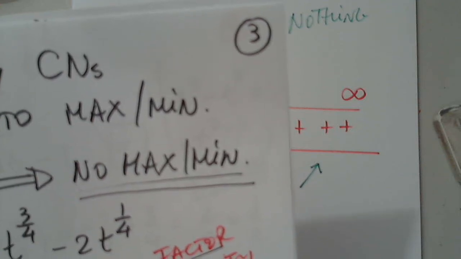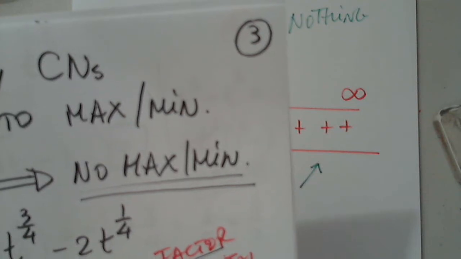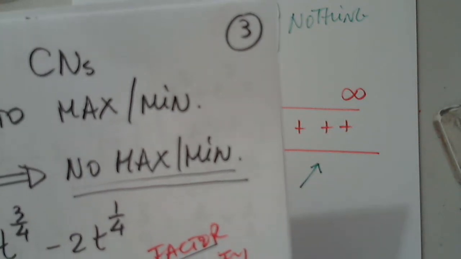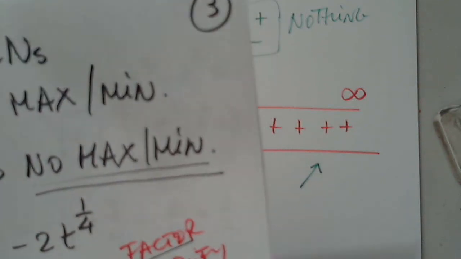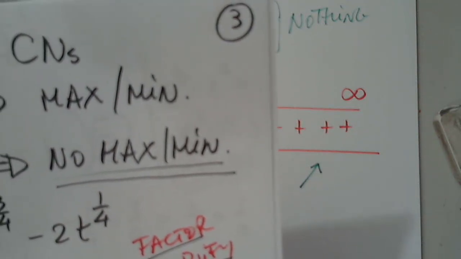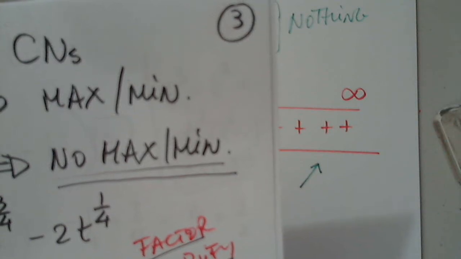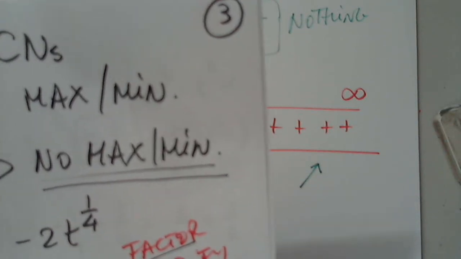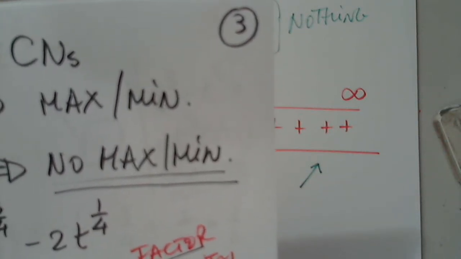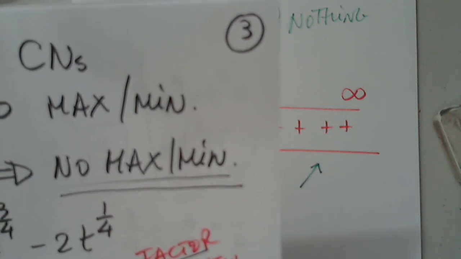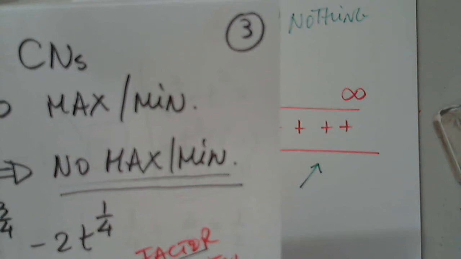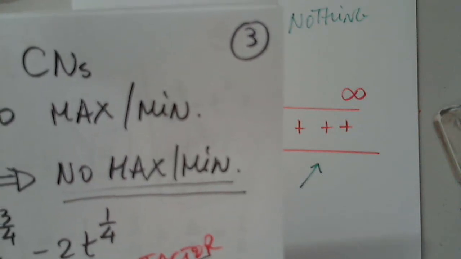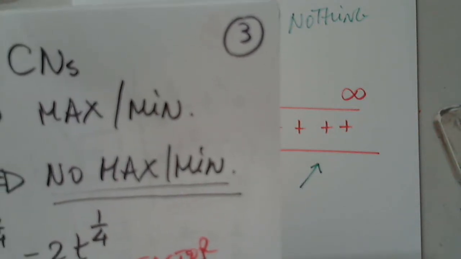Okay. See what I did? I'm glad I didn't plug it in and then scream at myself. So 3 divided by 4, minus 2, t, and the power is 1/4. Okay, very good. It looks fine now.